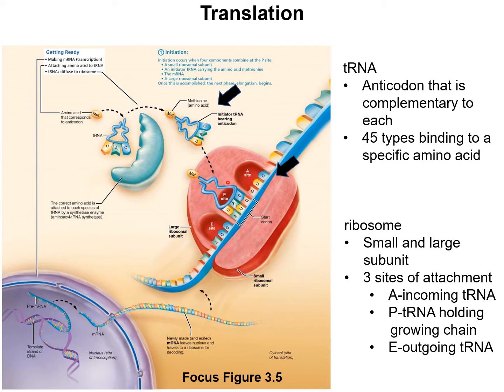The P site is for transfer RNA molecules that are holding the amino acids of the growing polypeptide chain. And then the E site, think exit, is the site for outgoing transfer RNA, that is, for transfer RNA molecules that are about to detach from the ribosome.